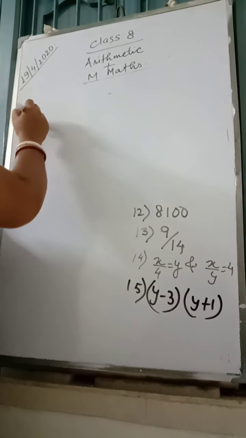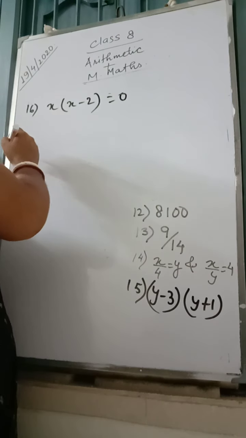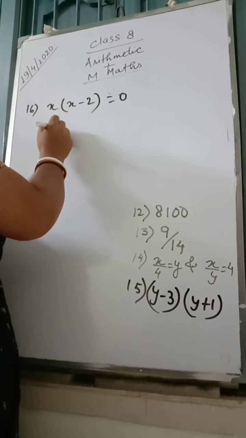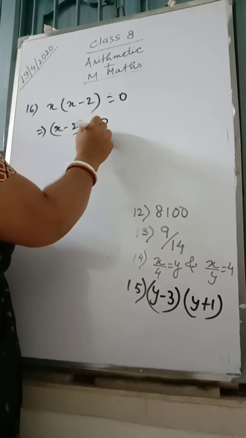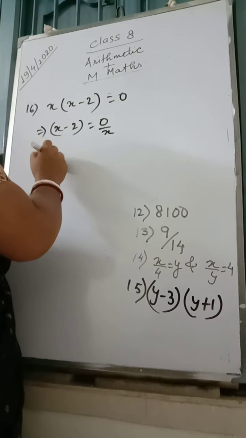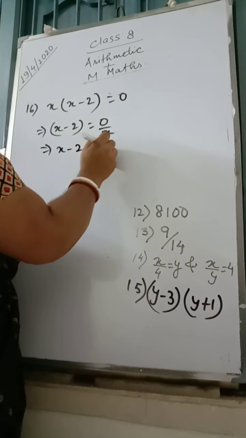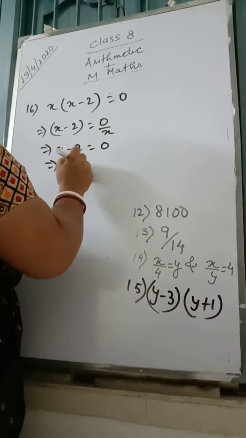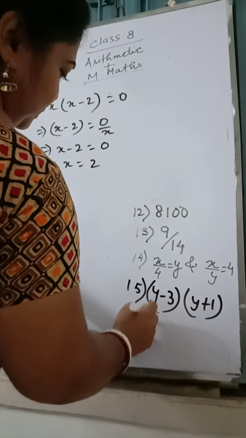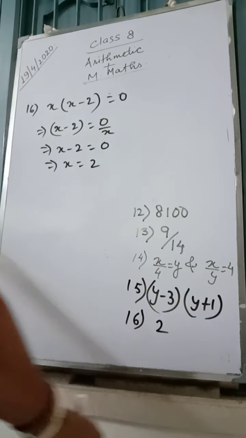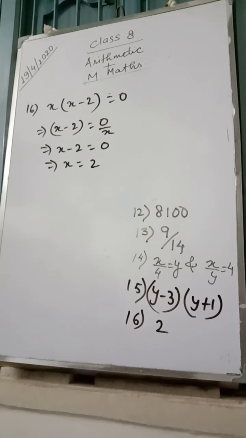Now, if x into x minus 2 is 0, what can we write? x minus 2 is equal to 0 by x, that gives you 0 only. x minus 2 is 0, or x is equal to 2. So the 16th answer is 2. Write it please.